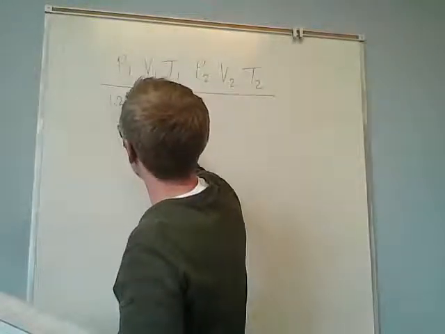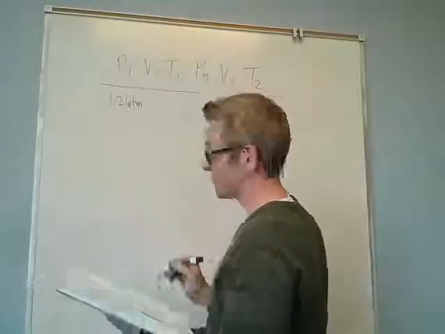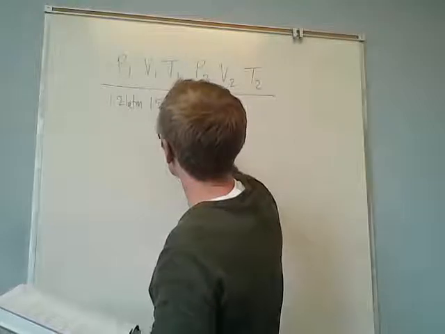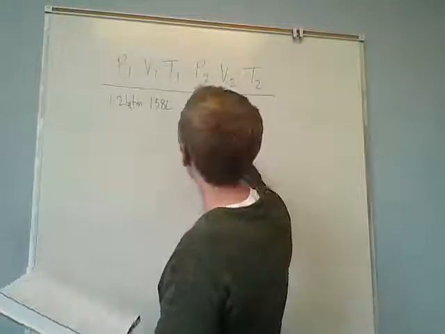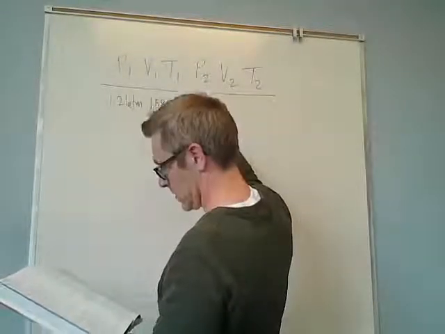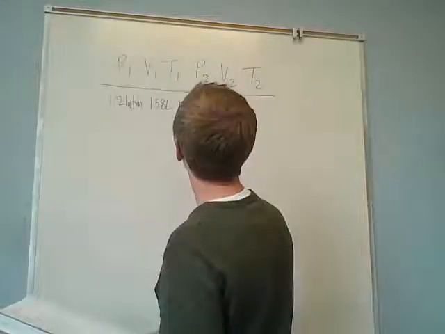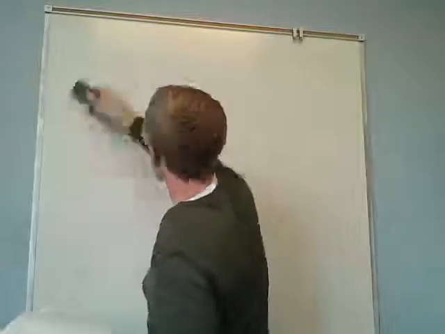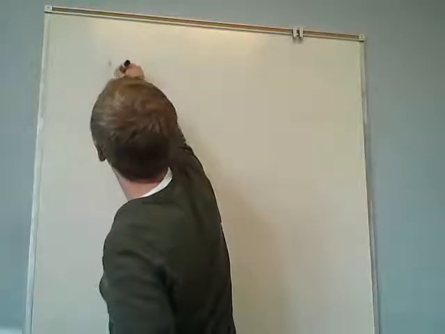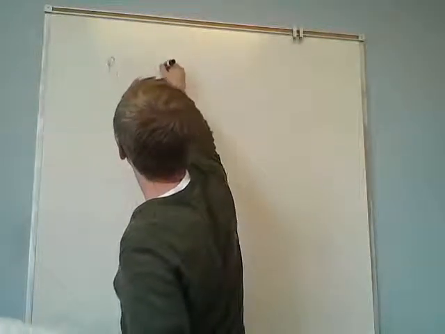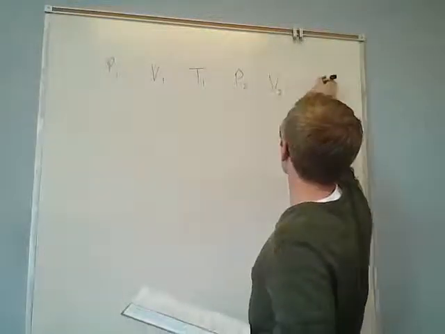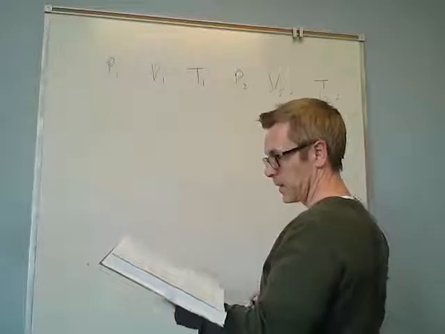So let's say P1 is 1.21 atmosphere. V1 is 1.58 liter. T1 is 12.2 degrees Celsius. I'm really putting it close together, aren't I? P1, V1, T1, P2, V2, T2.